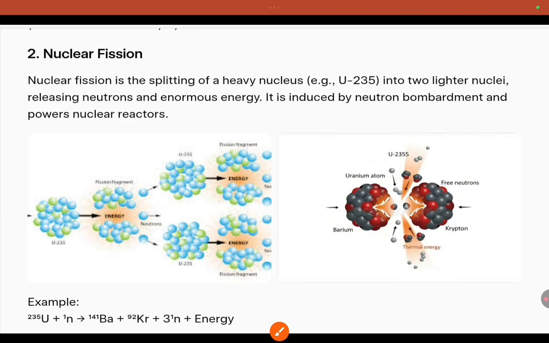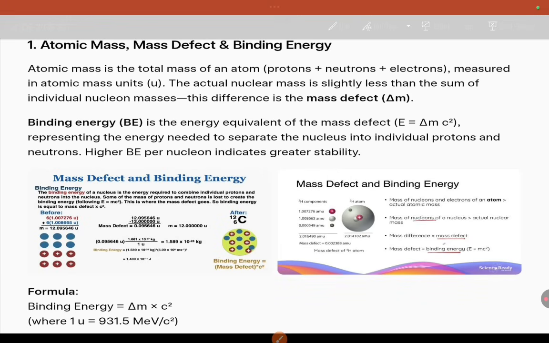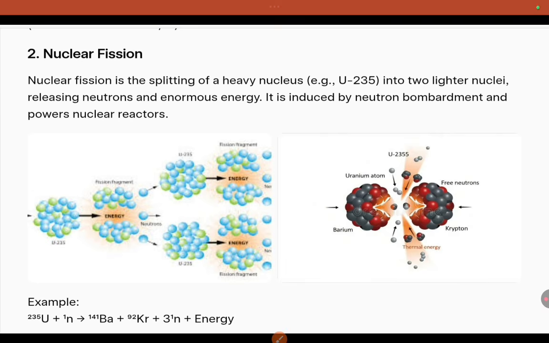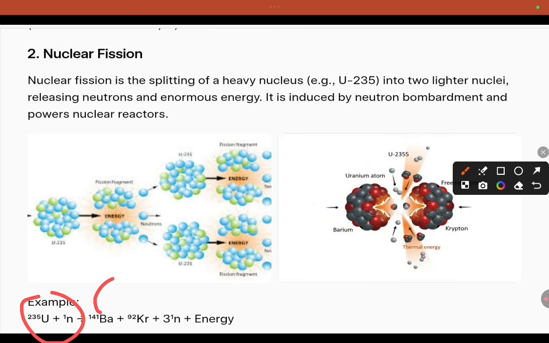What is nuclear fission? Nuclear fission is the splitting of a heavy nucleus into lighter nuclei. For example, you can take uranium. Uranium is bombarded by a small neutron. Then it is split into barium and krypton.